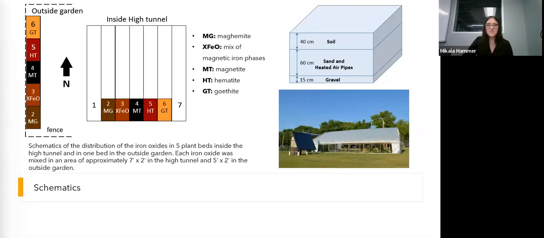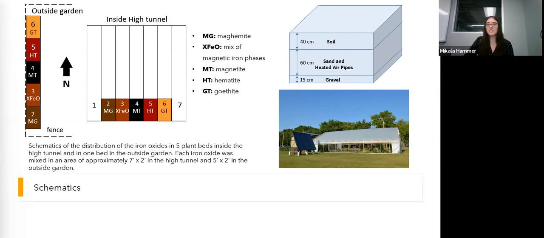And now here are some of the schematics of the work we did in the garden. On the bottom right, you can see a photo of Concordia's high tunnel. And above that is a diagram of what is below the surface of the high tunnel. So essentially, to extend the growing season, the high tunnel has a layer of sand and heated air pipes powered by the solar panel seen in the photo that circulate warm air in the winter months.